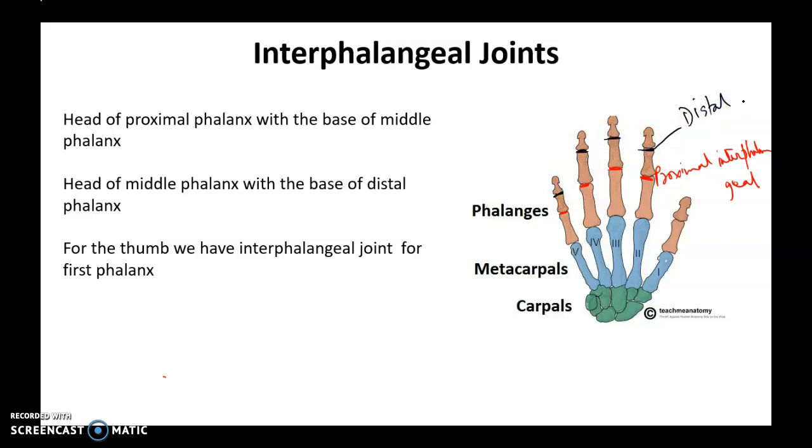And when we look at the thumb, there is only one interphalangeal joint. So this is the interphalangeal joint of the thumb. Okay, so these are interphalangeal joints, meaning joints in between the phalanges.